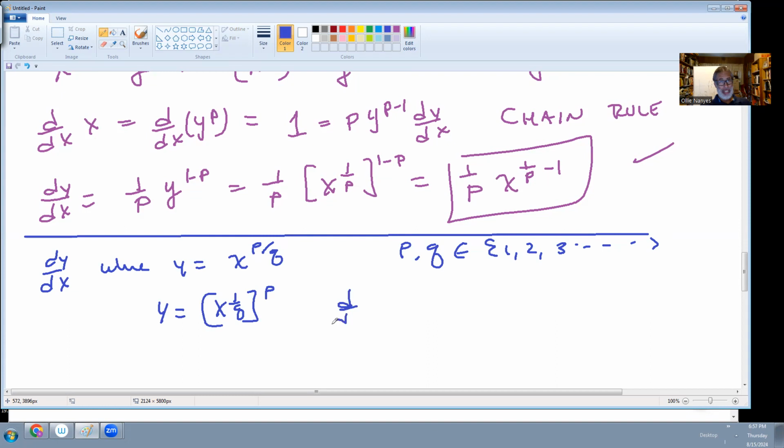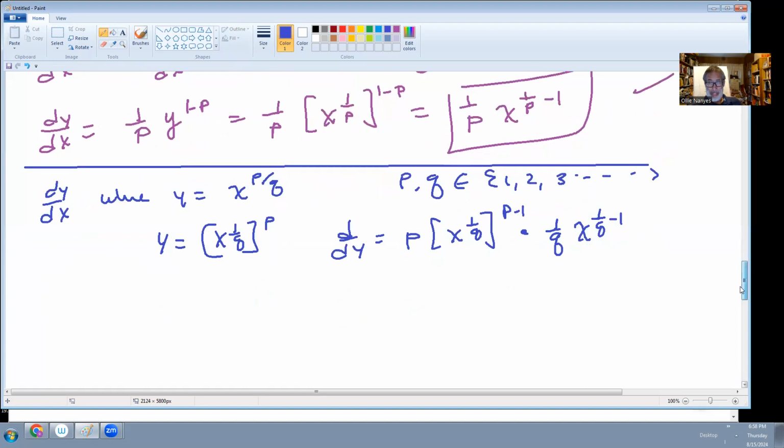So now dy dx by the chain rule, remember that p is an integer, is multiplied by the derivative of the inside. Well, we already said what the derivative of the inside is. Okay, so that's the chain rule.